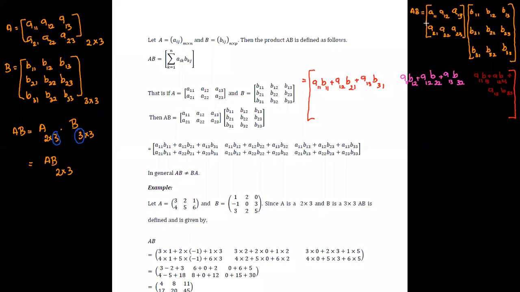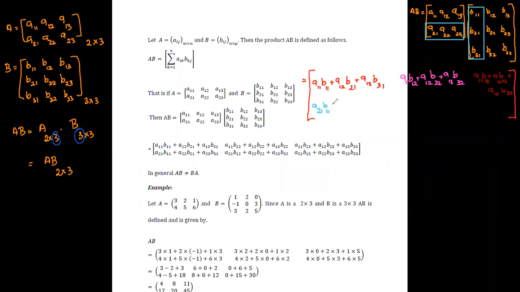If I select the second row of the first matrix and continue the calculation using again the first column of the second matrix, if you perform this calculation, then we will get the value here. It will be A21 with B11 plus A22 with B21 plus A23 with B31.